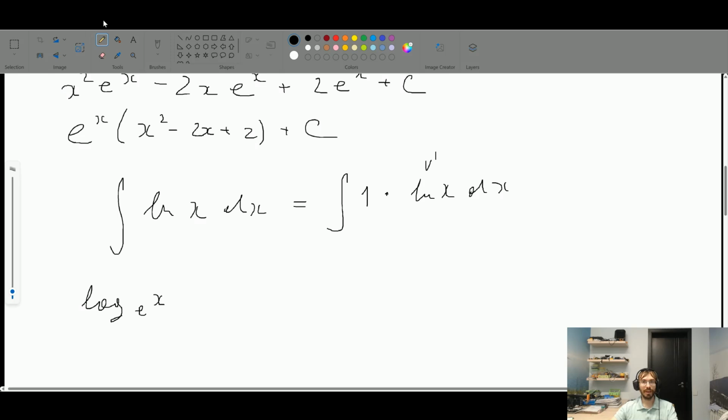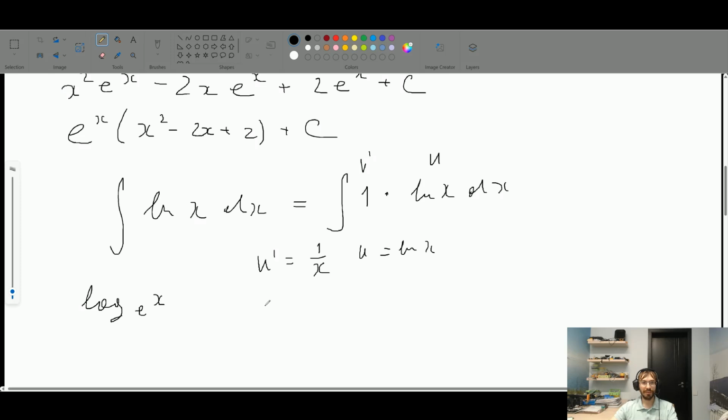So we want to approach it in a different way by calling 1 as v dash and ln x as u. And why is it beneficial? Because u dash in this case will be the derivative of ln x, which is 1 over x, which is nice, while u is ln x.